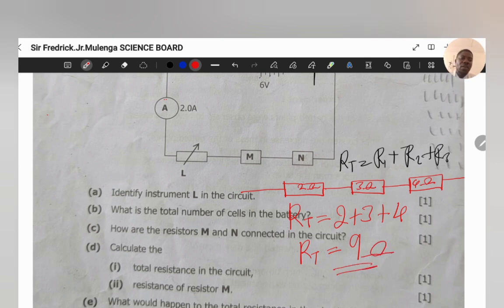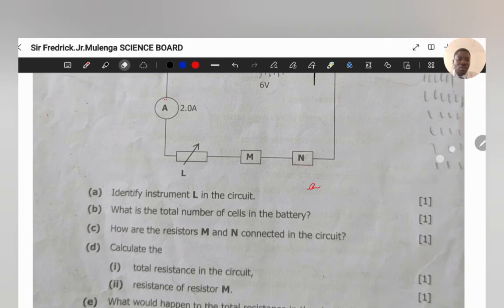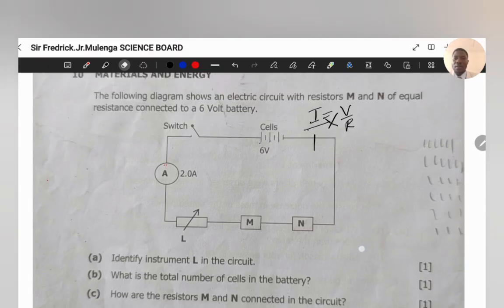So that's how we calculate. At your level, mostly we don't give you resistance in parallel. You find them in grade 12, where we'll teach you that. So that's how you handle resistance in series. No matter the number of resistors given, just add them to find the total resistance.